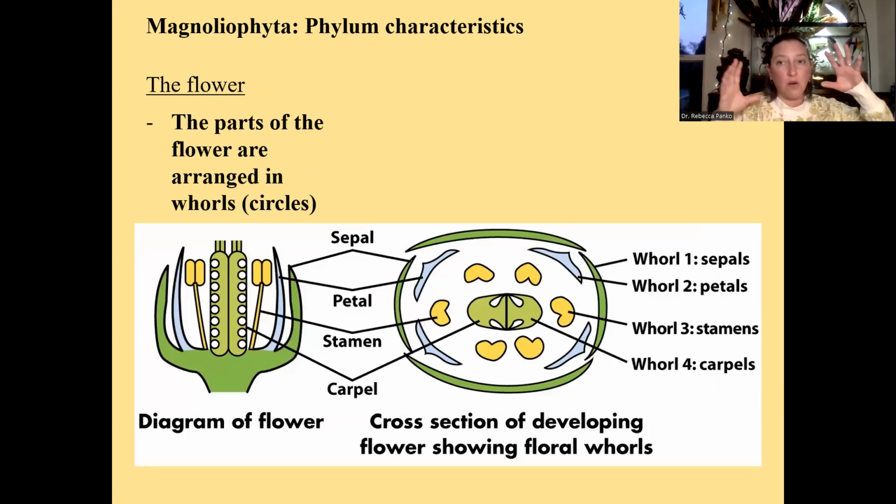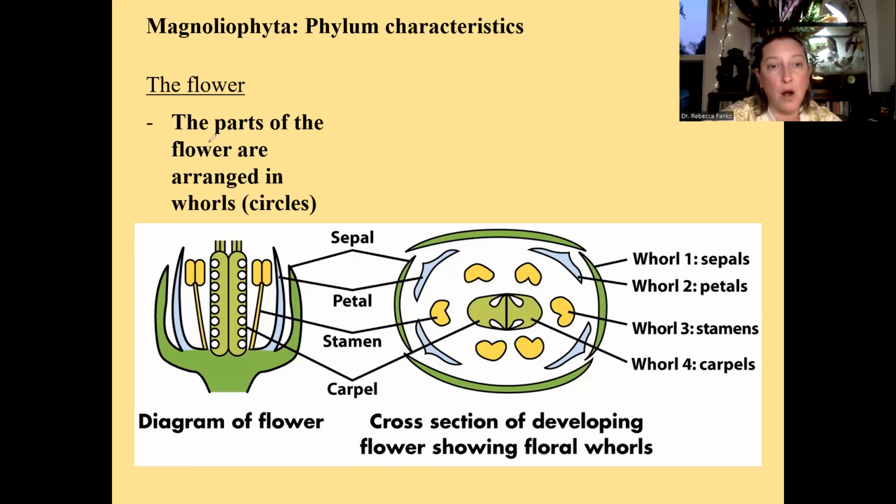The flowers are arranged in whorls or circles, such that these individual whorls always occur in the same order. Doesn't matter what flower you're talking about. I'll use pink because it'll probably show up better here.